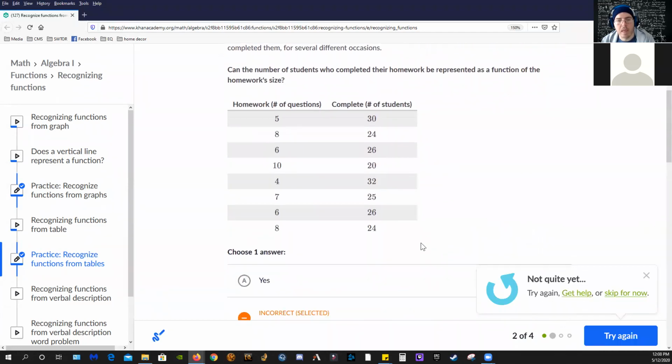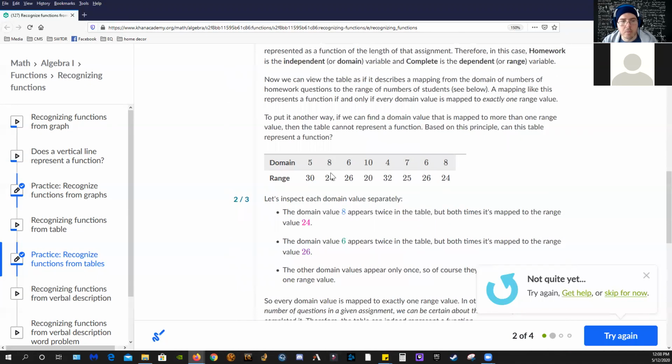I see. I missed one important thing. They agreed with me that the domain, the x values, included the 6 twice. Oh, you cheeky person that wrote this.